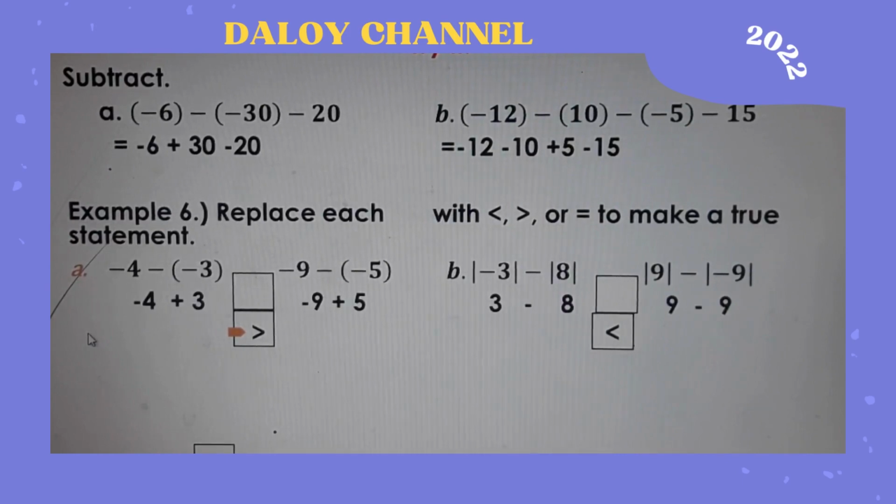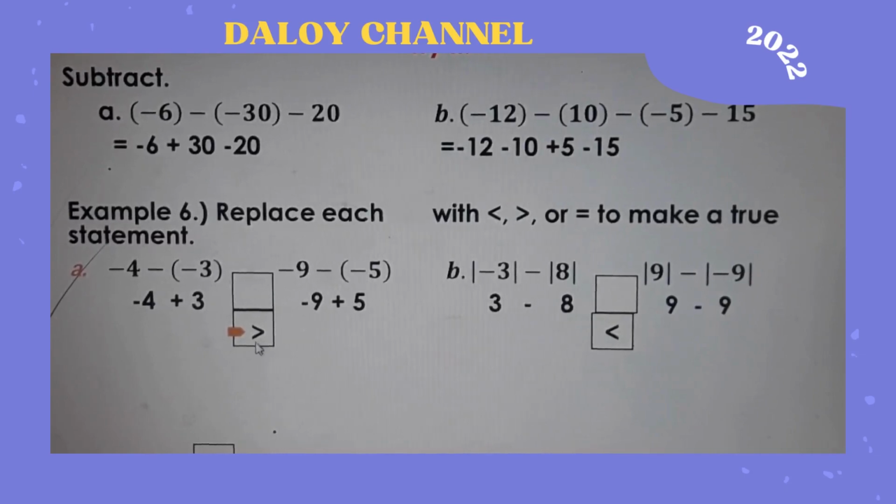Example number 6. Replace each with the less than, greater than, or equal to symbol, to make a statement true. So for letter A, we have negative 4 minus negative 3.